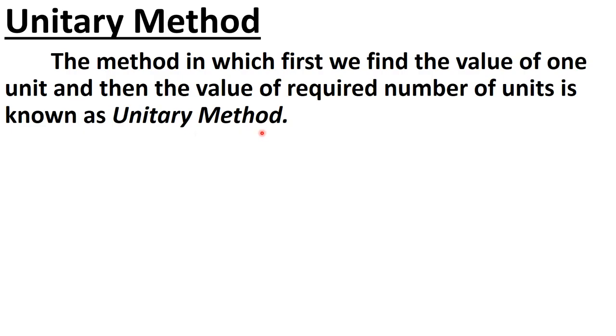Suppose the cost of 5 pens is given to you and the cost of 12 pens is asked. We will first find out the cost of 1 pen and then we will find the cost of 12 pens. This is called the unitary method, in which first we find the value of 1 unit.